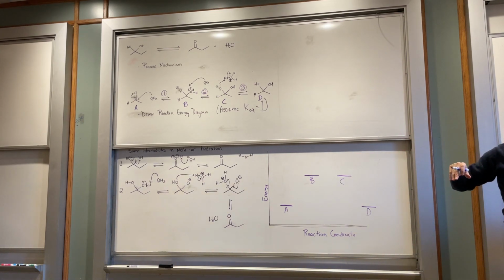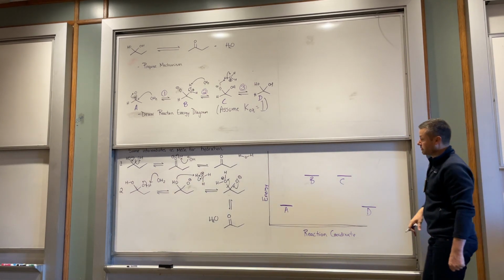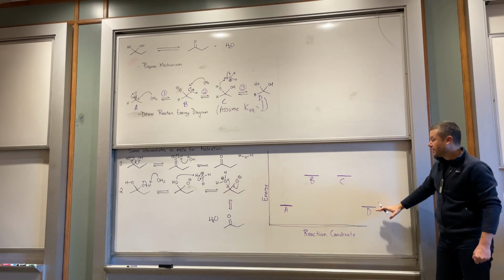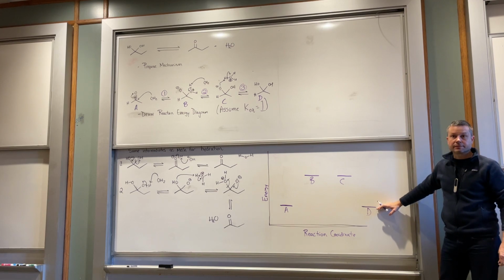That's what we're focusing on for the thermodynamics of the reaction. This is the energy of A, this is the energy of B, this is the energy of C, this is going to be the energy of D.